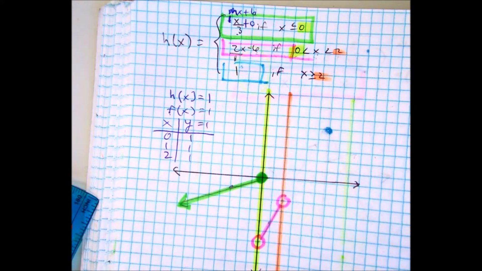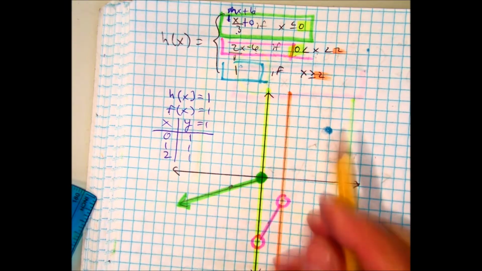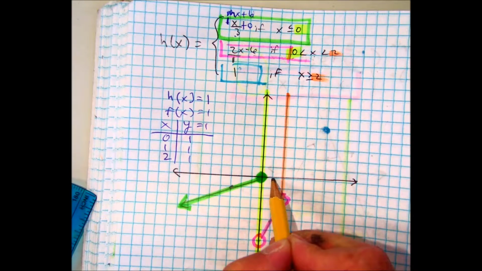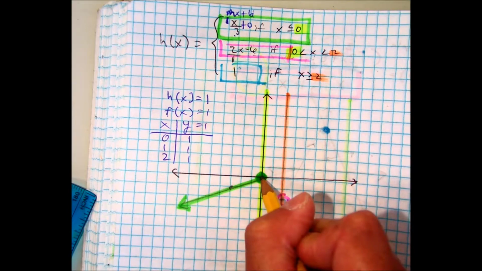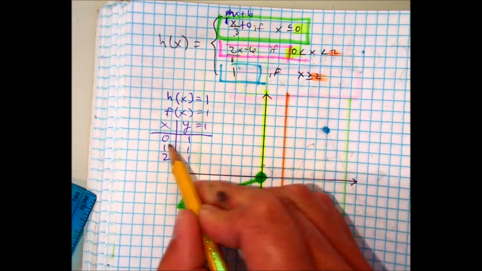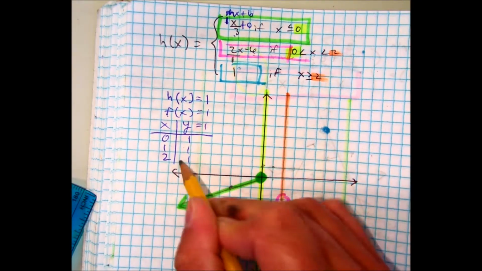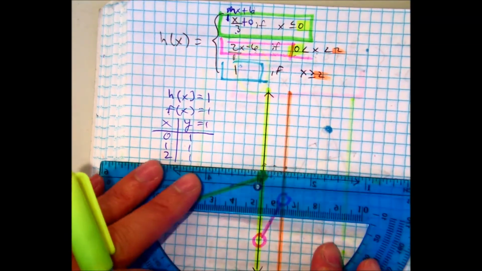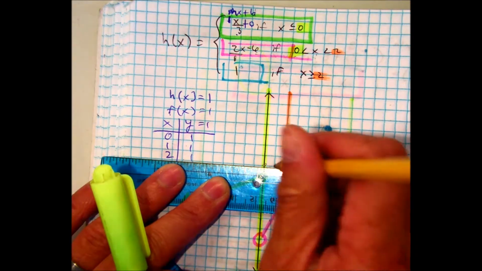Make up your x values when you graph that. 0, 1, right 1, up 1, right 2, up 1. So anytime you just have a number there, it's a constant, it's going to be a horizontal line.